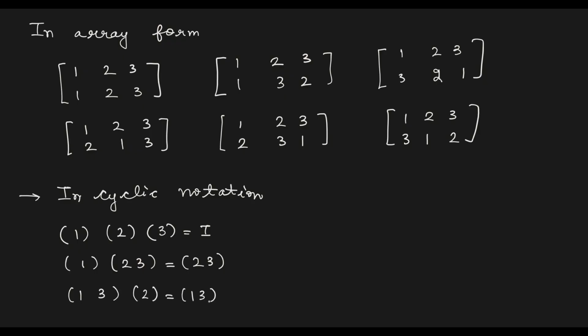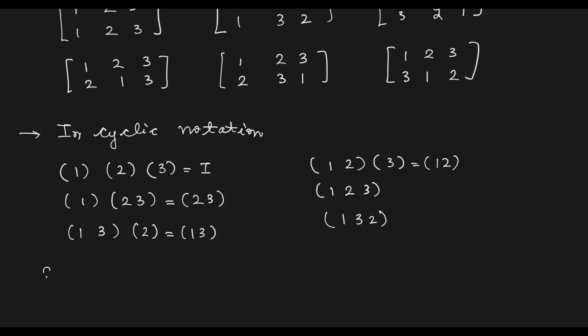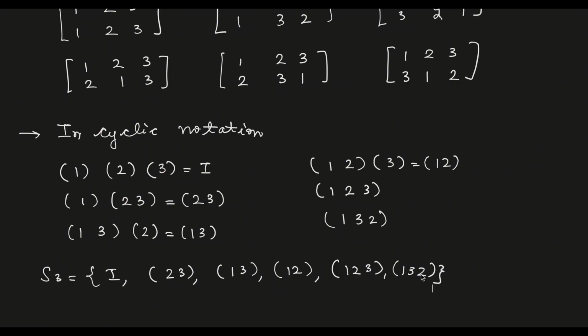This is (1 3). This is (1 2). This is (1 2 3) and this is (1 3 2). So S3 contains the identity, (2 3), (1 3), (1 2), (1 2 3), (1 3 2).